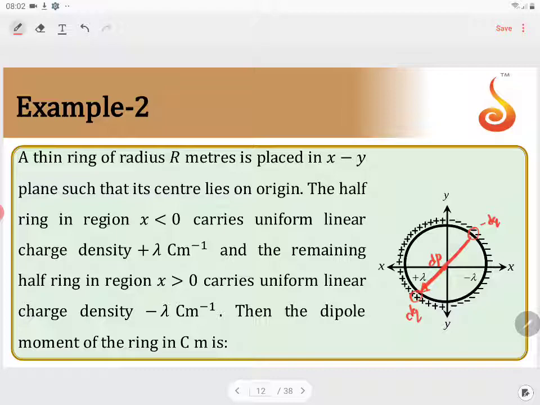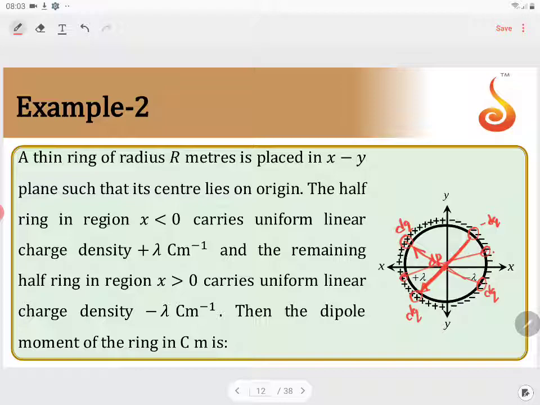Now, similarly, we consider one small negative charge here and a small positive charge dq on the diametrically opposite side, then there will be one dipole formed here. Like that, many dipoles will be formed between minus dq and plus dq when they are placed diametrically opposite.